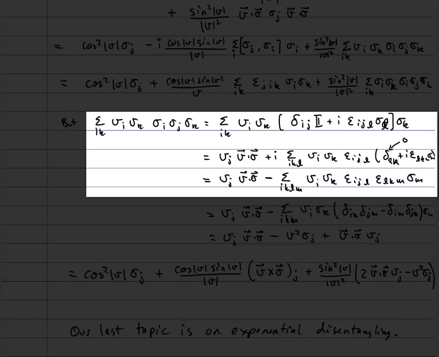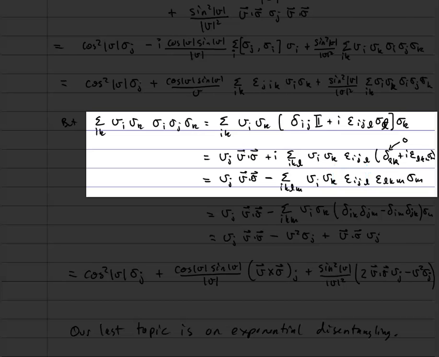Now the delta_lk term is equal to 0, because if k is equal to l, I'm going to have a v cross v from that summation over the i and the k, and v cross v is equal to 0. So that delta_lk term gives me nothing.